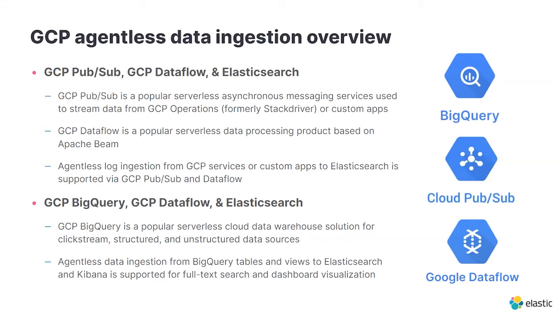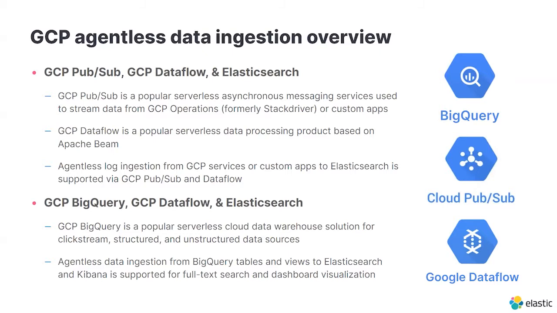If you want to get those logs and events into Elasticsearch, they have to go through GCP Pub/Sub, which again is an asynchronous messaging service. Today, what we want to show you is using Dataflow, you can get these messages out of Pub/Sub into Elasticsearch, all within the GCP Dataflow Cloud Console. Just a few clicks to make this happen.